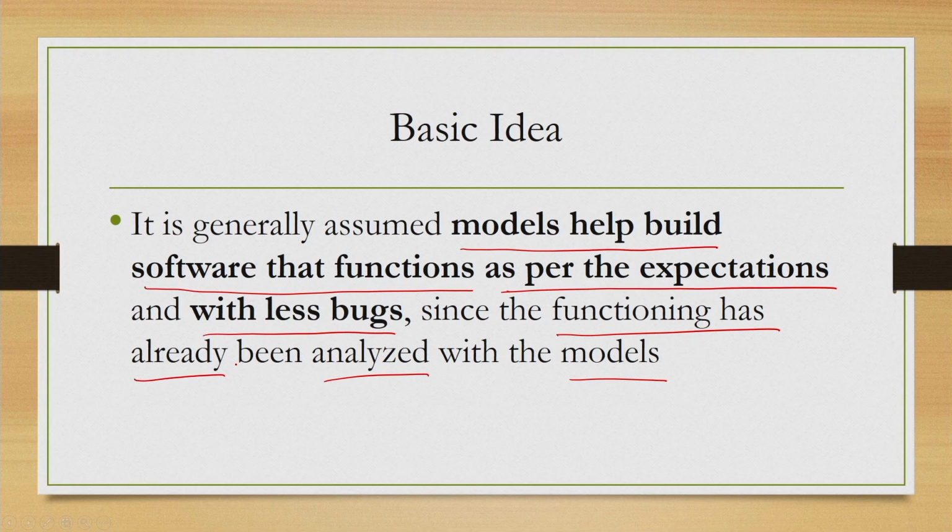So, when we say that we are interested in using models in a software system, our intention is to develop a software that has fewer bugs and that behaves as per our expectation, because we have already analyzed the behavior and we know what the faults are, and accordingly we have rectified the faults with the help of the models. So, that is the main objective of using models in software system development.